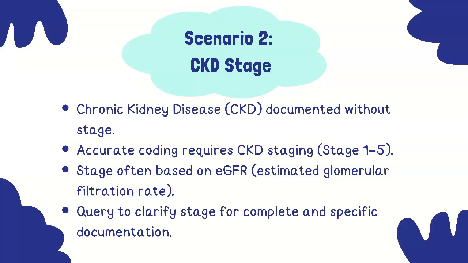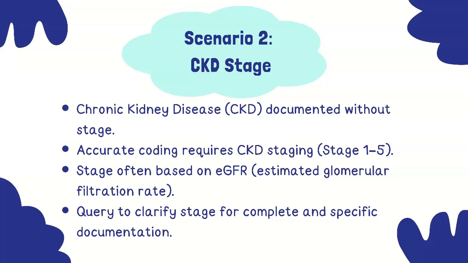So a compliant query, and again, everything is based on the documentation that you have in front of you. So don't try to take these slides and make a query. You need to use what's in your medical record. So in this particular situation, a compliant query is needed to request clarification of the stage.